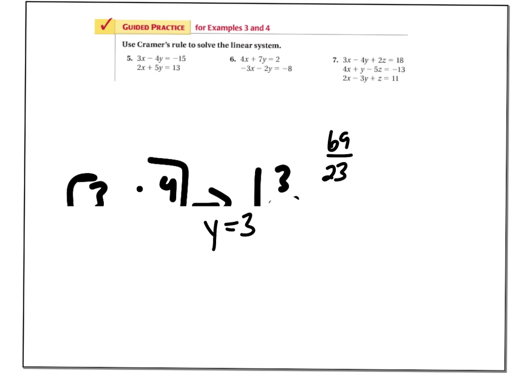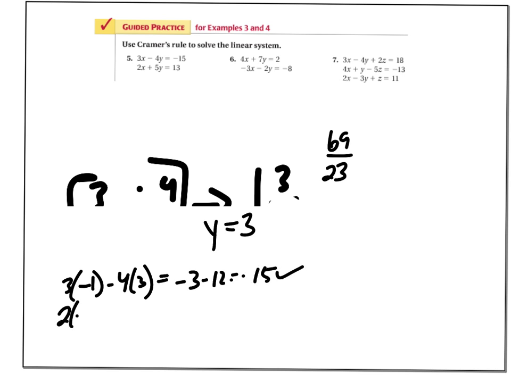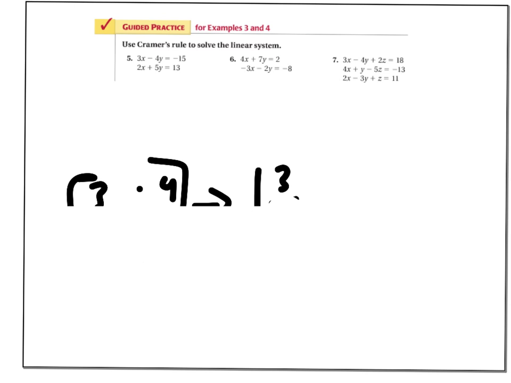Remember, you can check those numbers and plug them back in. You could get 3 times a -1 minus 4 times 3, which is a -3 minus 12, -15, which is what we had, and 2 times a -1 plus 5 times 3, -2 plus 15 is 13. So you can be assured that those two are right.